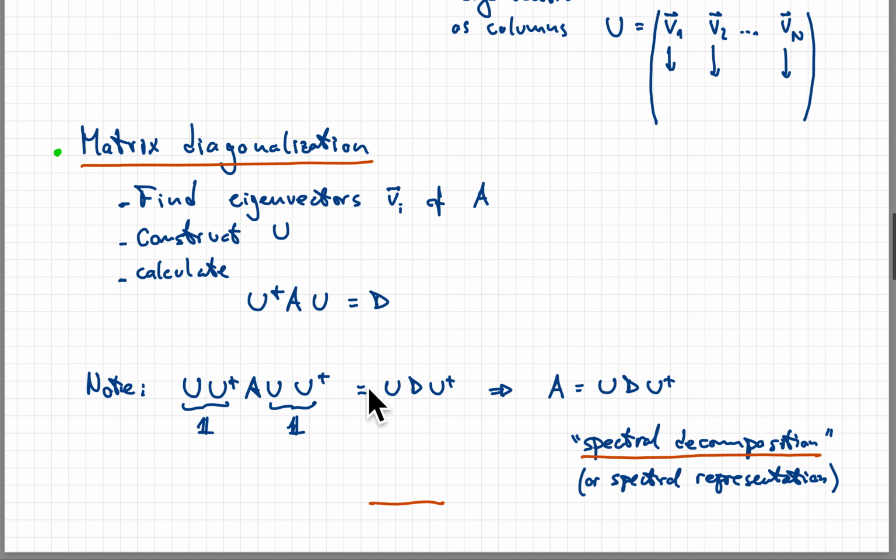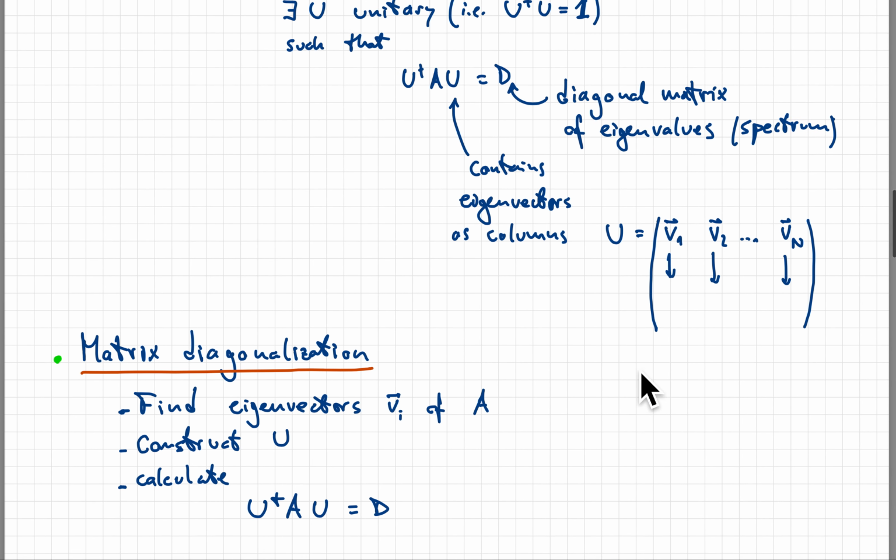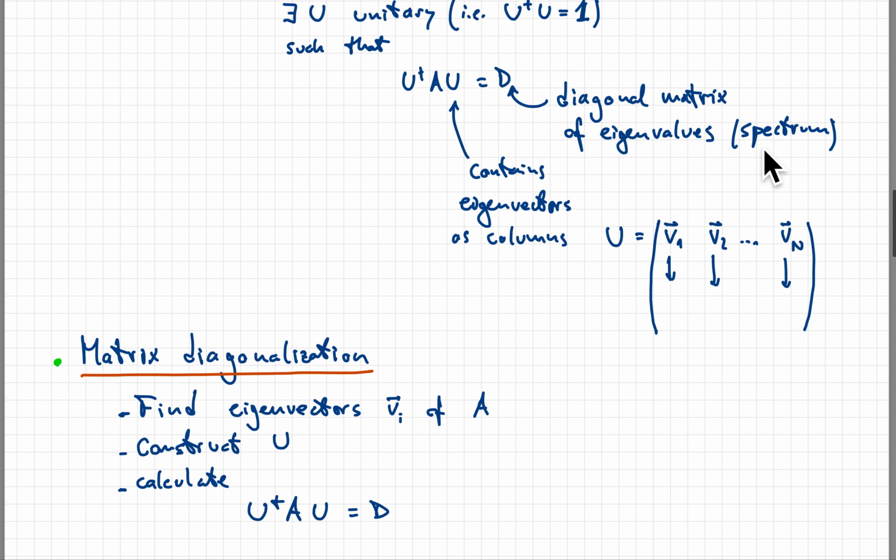And so that tells us then that A is U D U dagger. And this expression for A, for a given normal matrix A, is what we call the spectral decomposition or spectral representation of the matrix, because this matrix D contains the eigenvalues, and so it's what contains what we call the spectrum of the matrix A.